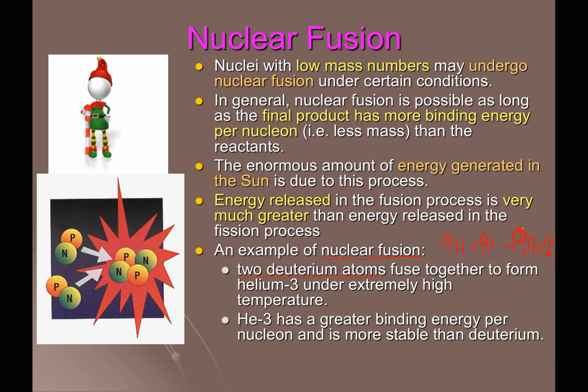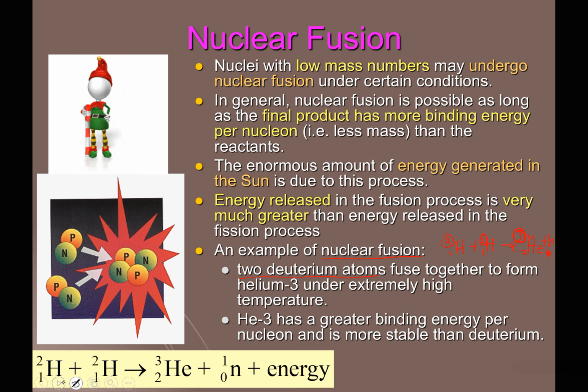So helium-3 has a greater binding energy per nucleon than the deuterium nuclei. Therefore, the nuclear fusion reaction is possible. This is exactly the reaction which takes place at the core of the sun. The deuterium nuclei combine to form a helium nucleus plus a neutron. This is accompanied by a vast amount of energy.